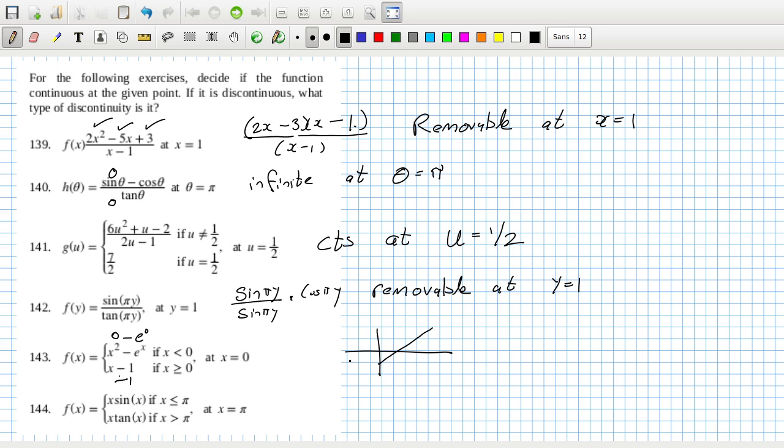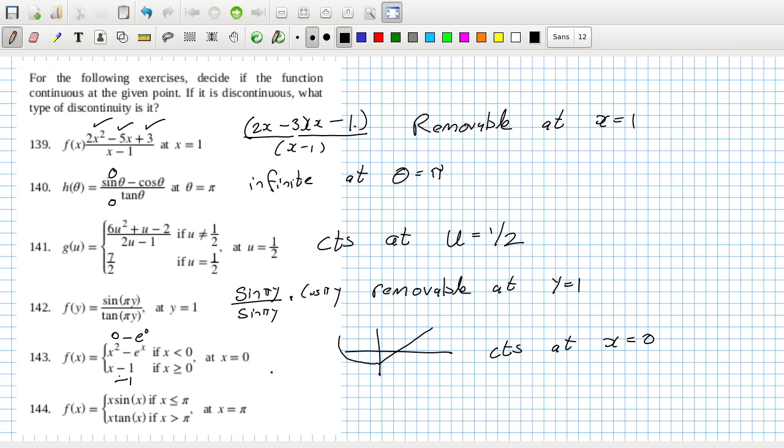So it's a quadratic minus an exponential. Quadratic. So I'm not sure exactly the shape, but I think it's going to be something like this, whatever. And it looks fine. It looks like, to me, it's continuous at x equals 0.